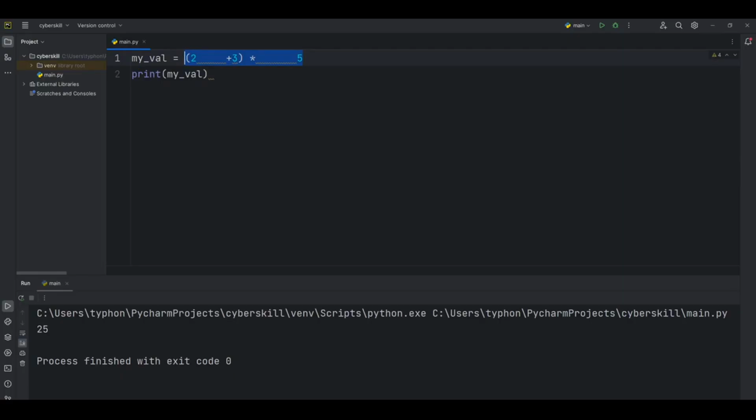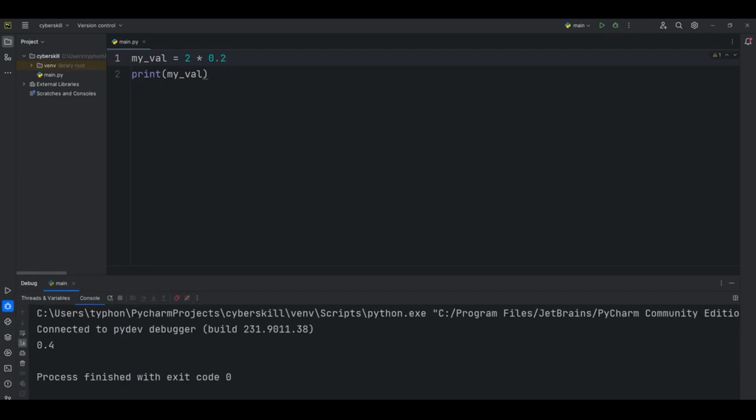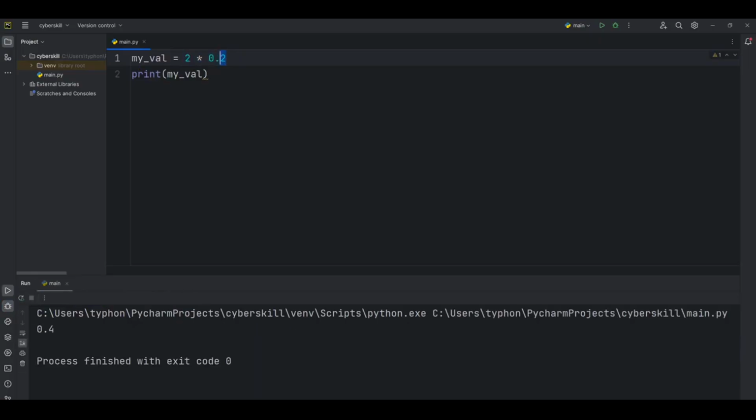For example, 0.2 plus 0.9, and here 1.1. And here, for example, 2 multiplied by 0.2, and here, oops, sorry, run it again, yes, 0.4.